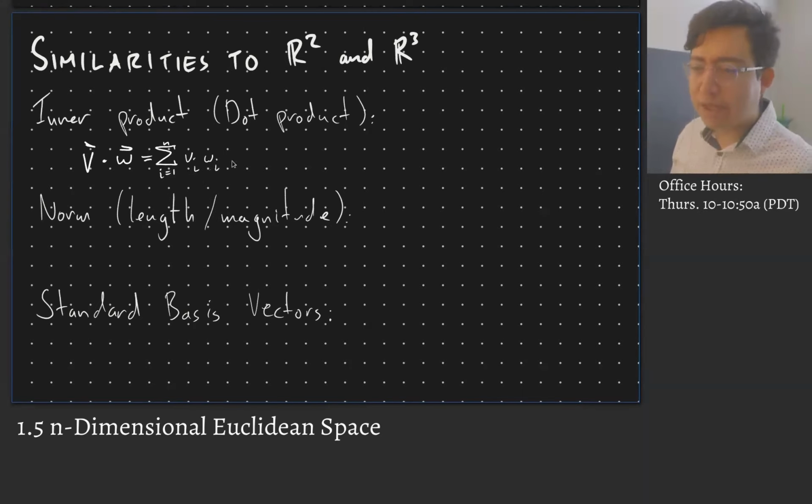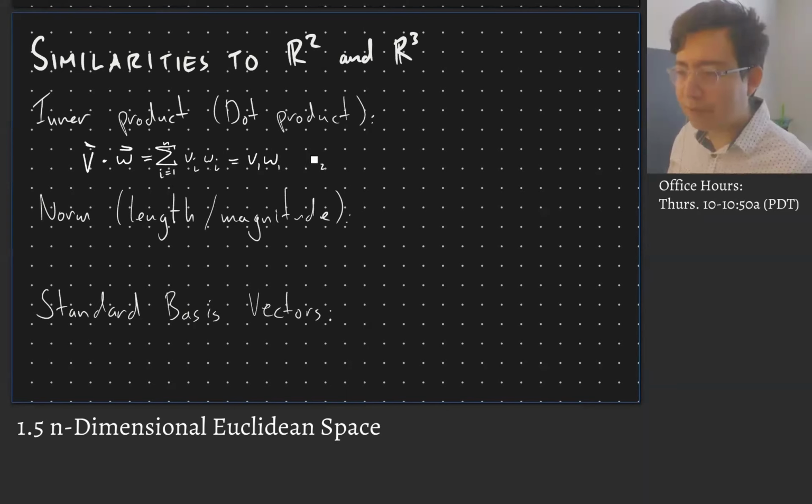Now that's fancy notation. Let's write that out a little more explicitly. Basically, remember when you take the dot product, you just take the first coordinates and multiply them, take the second coordinates and multiply them, and so on and so forth, adding these all together as you go. So you keep going until you get to v_n w_n.